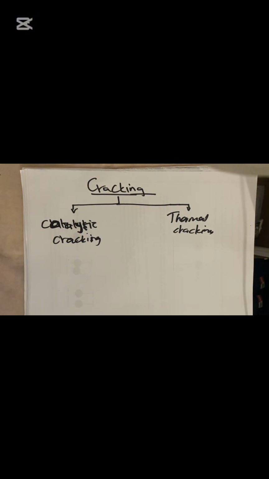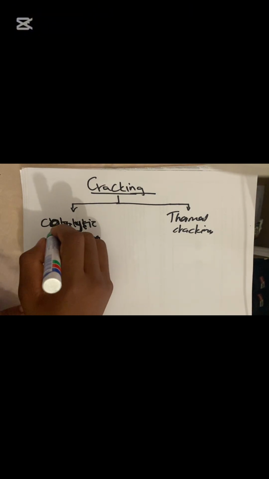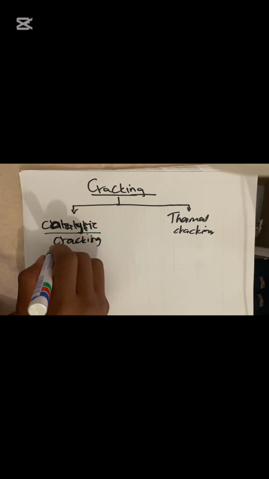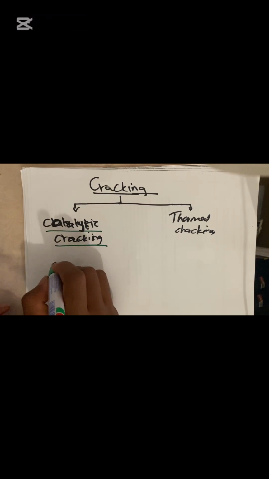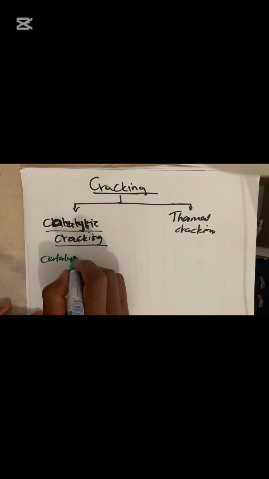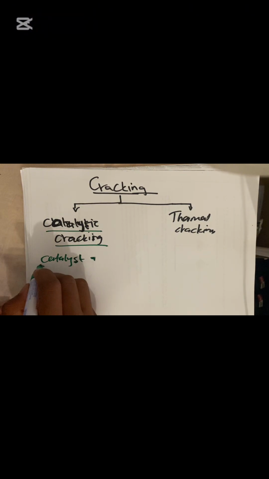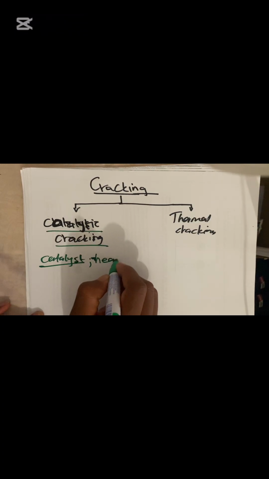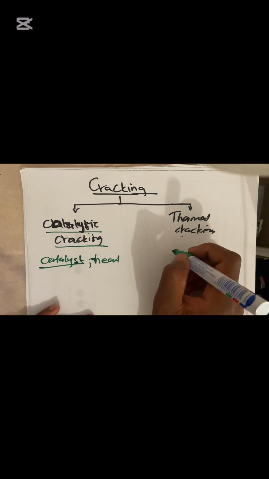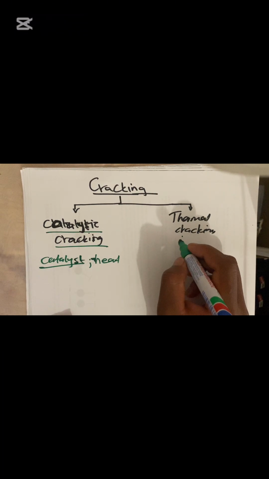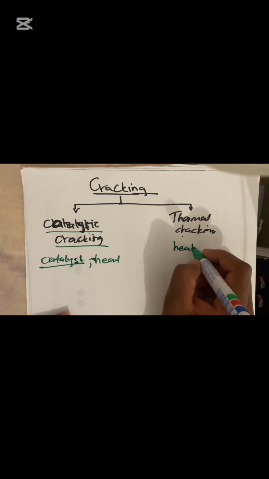So let's get to it. Catalytic cracking involves a catalyst and heat, whereas thermal cracking only occurs with heat and high pressure.